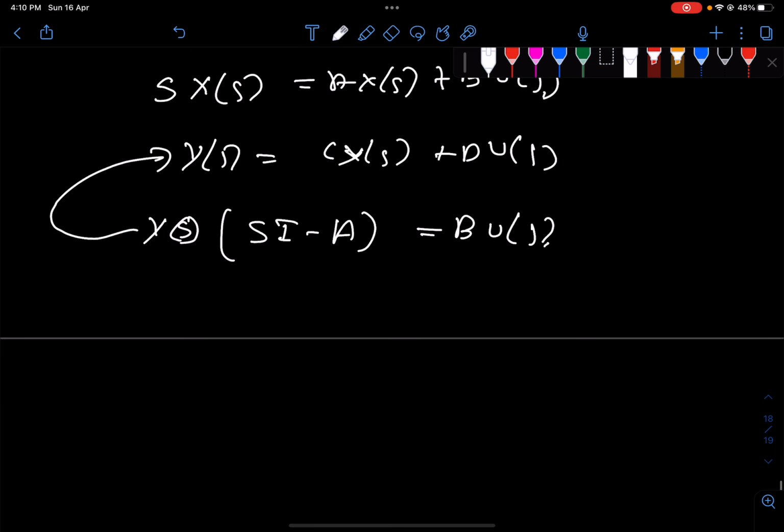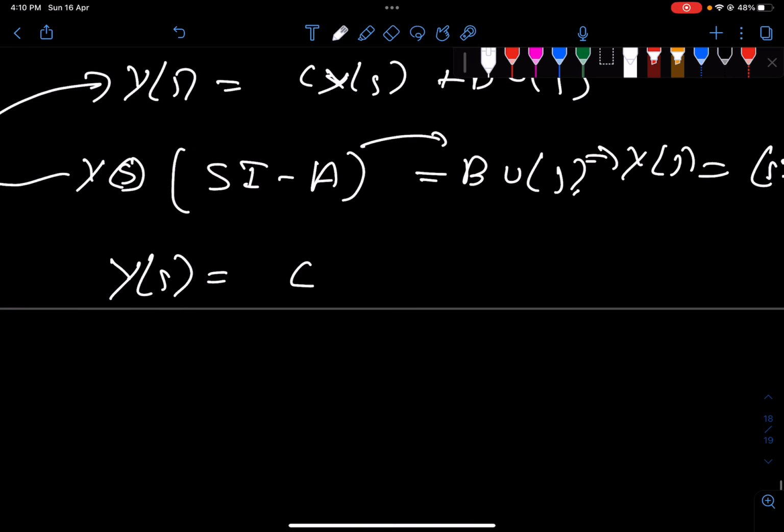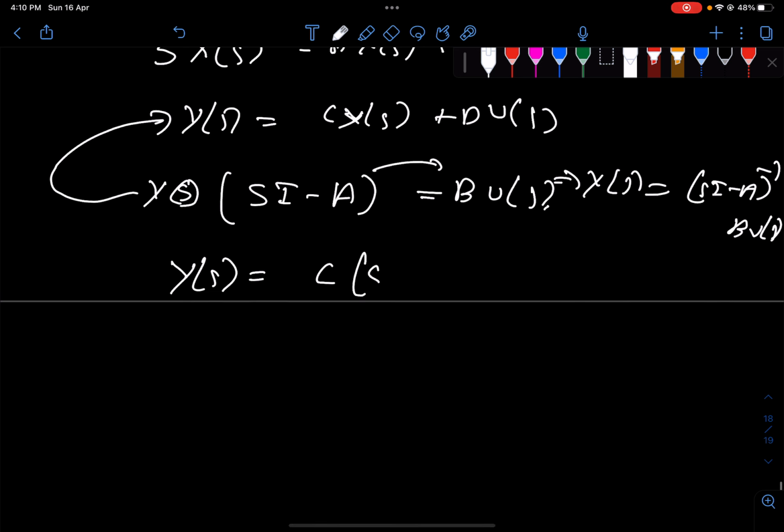So put this in the other equation. Y of s equal to C times, here I am putting the inverse, (sI minus A) whole inverse, B times U of s. So C multiplied by, instead of X of s, I substitute (sI minus A) whole inverse B, plus D, and I am taking out U of s.